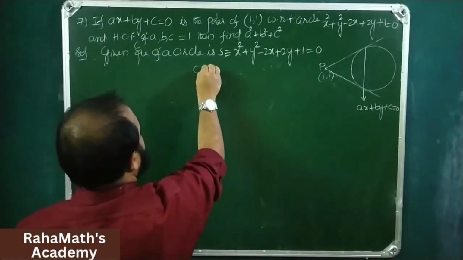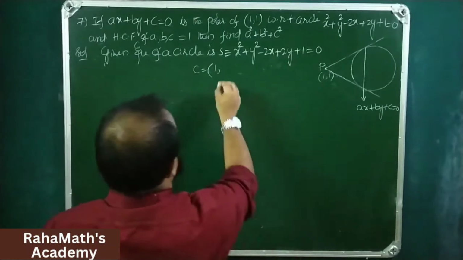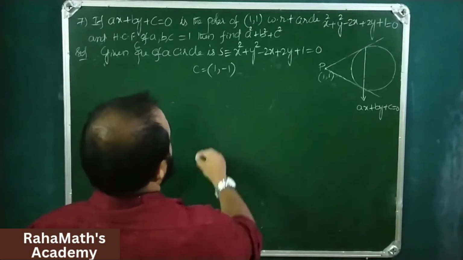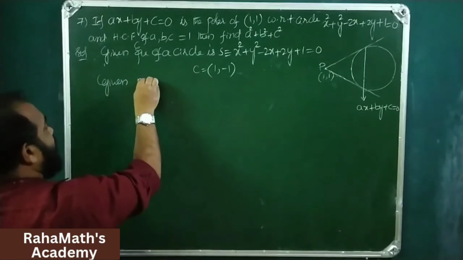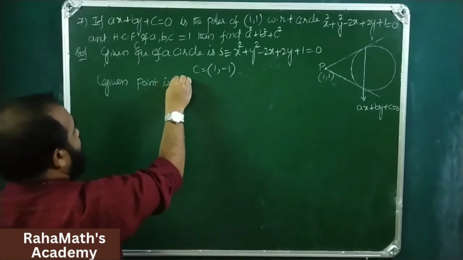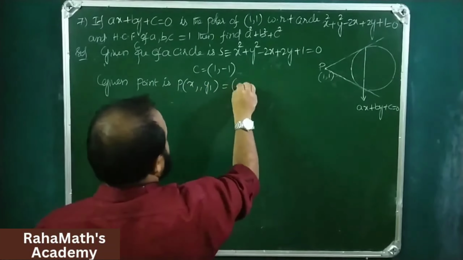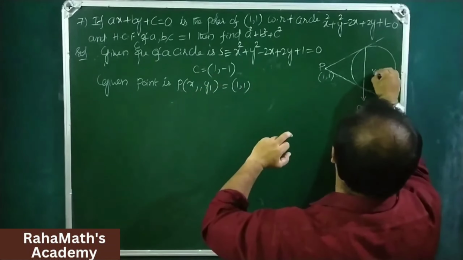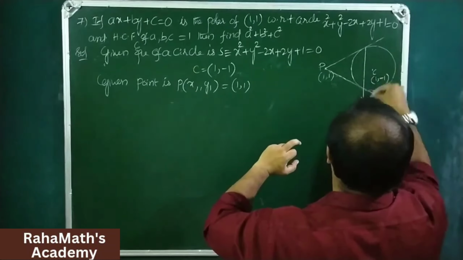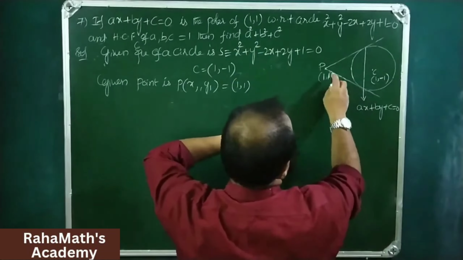The center C is (1, minus 1). The given point P(x1, y1) is (1, 1). So (1, minus 1) is the center of the circle, and (1, 1) is the given point.